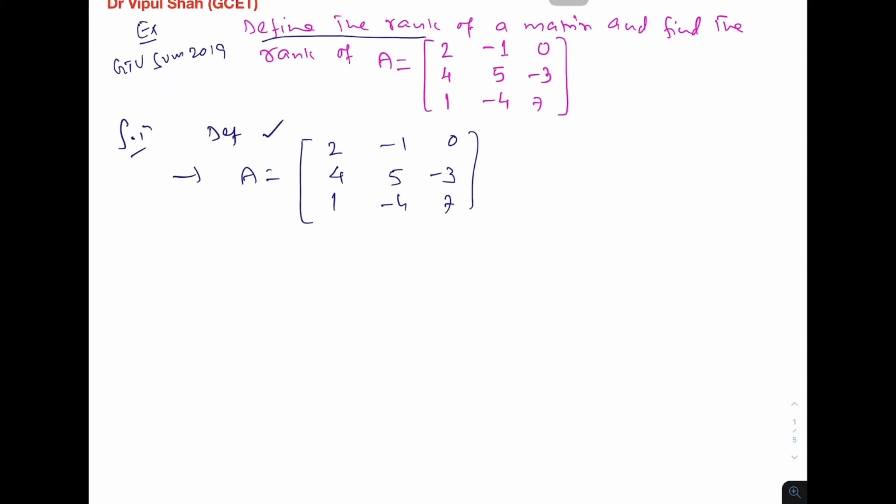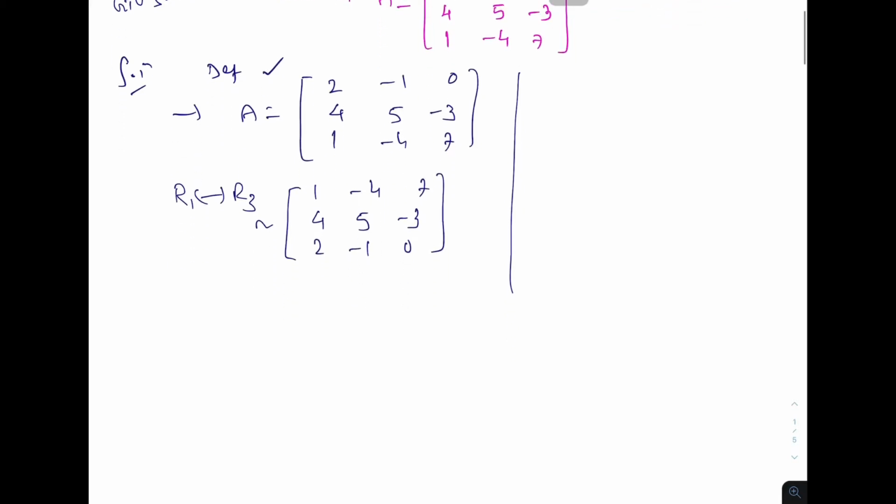Now we can interchange first and third row. So R1, R3 we can do, and so here we have 1, -4, 7, 4, 5, -3, 2, -1, 0.